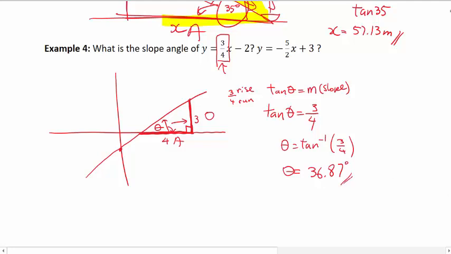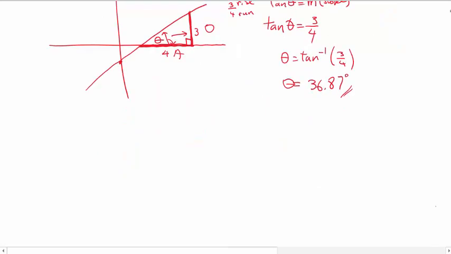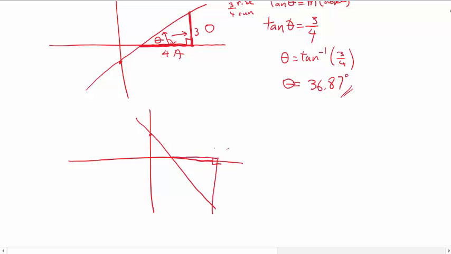Alright, why don't you try the second one, see if you can get it right. Now the second one, you have the line starting at 3 and then going down, so it's like this. And if you look at this rate triangle, it looks something like this.